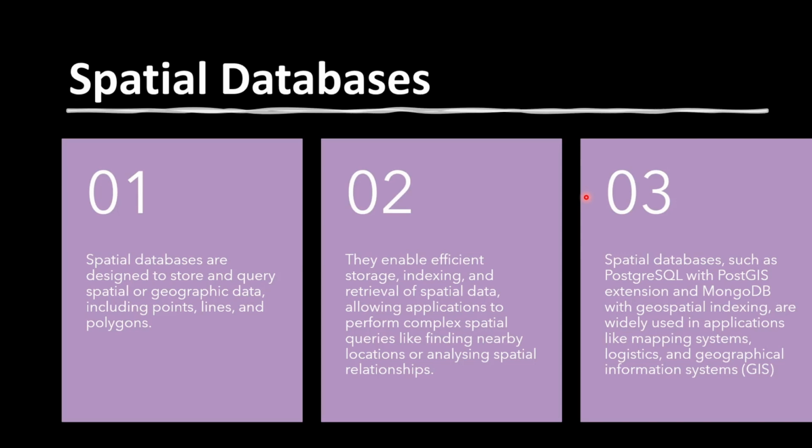These are databases designed to store and query spatial and geographical data like longitude and latitude, and enable efficient storage and indexing. One example of that is PostgreSQL with an extension, and MongoDB also supports spatial data.